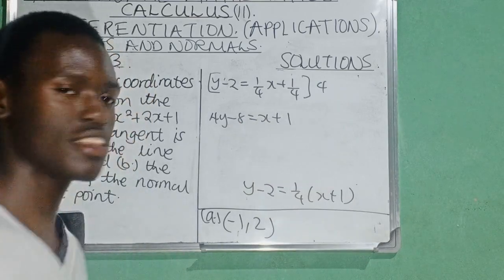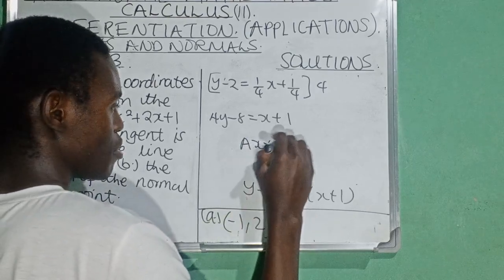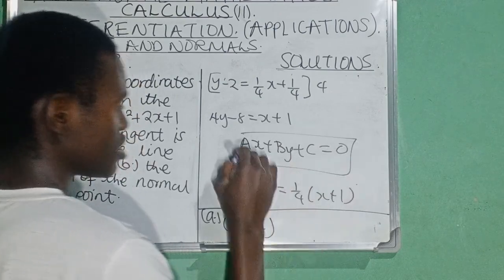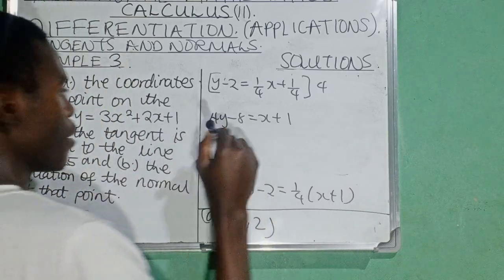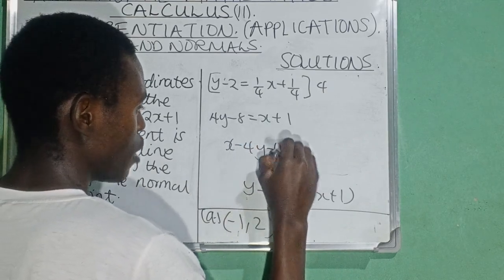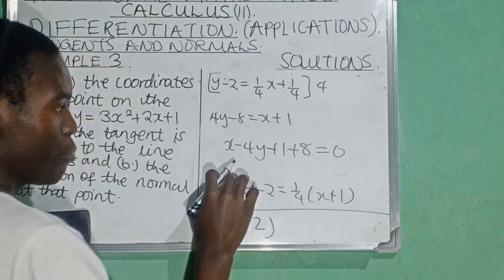And then we write it in the standard form. I'm going to write it in the form ax plus by plus c is equal to 0. This is the standard form for equations. Okay? So I'm going to say x minus 4y plus 1 plus 8 is equal to 0. I hope you have understood that.